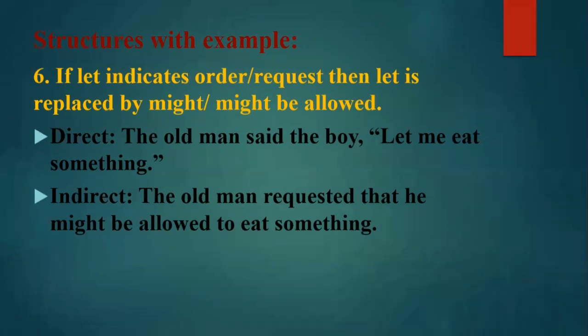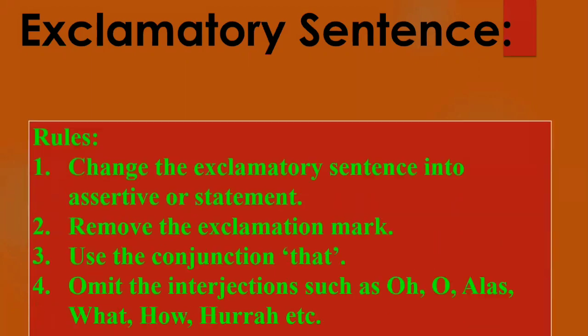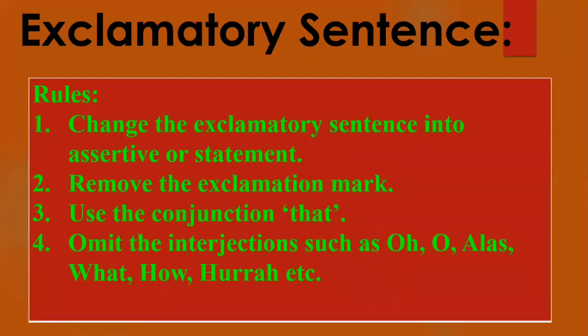Okay, now dear learners, exclamatory sentence, we are going to change exclamatory sentence direct to indirect. So here rules: at first, change the exclamatory sentence into assertive statement. I mean assertive sentence or a statement, same thing, assertive sentence is also called a statement. Okay.